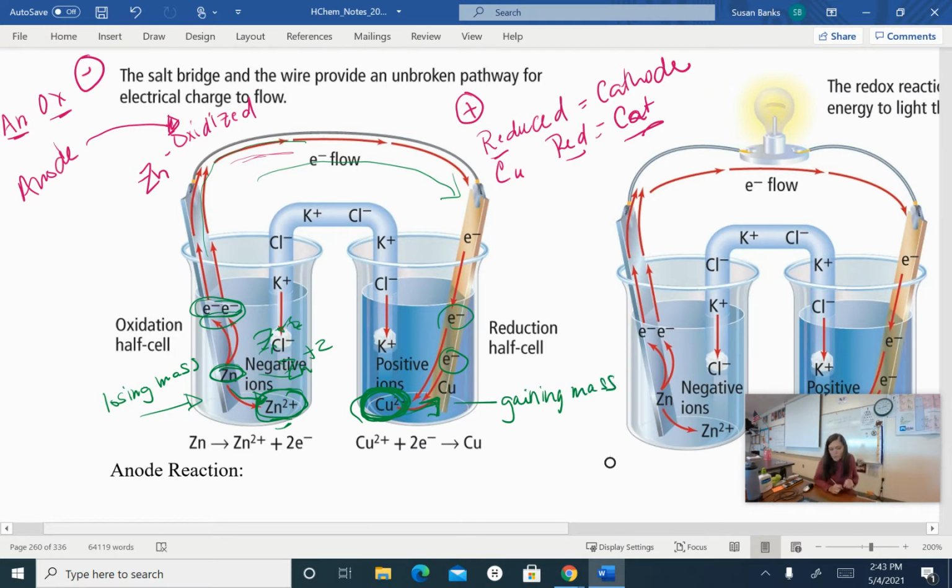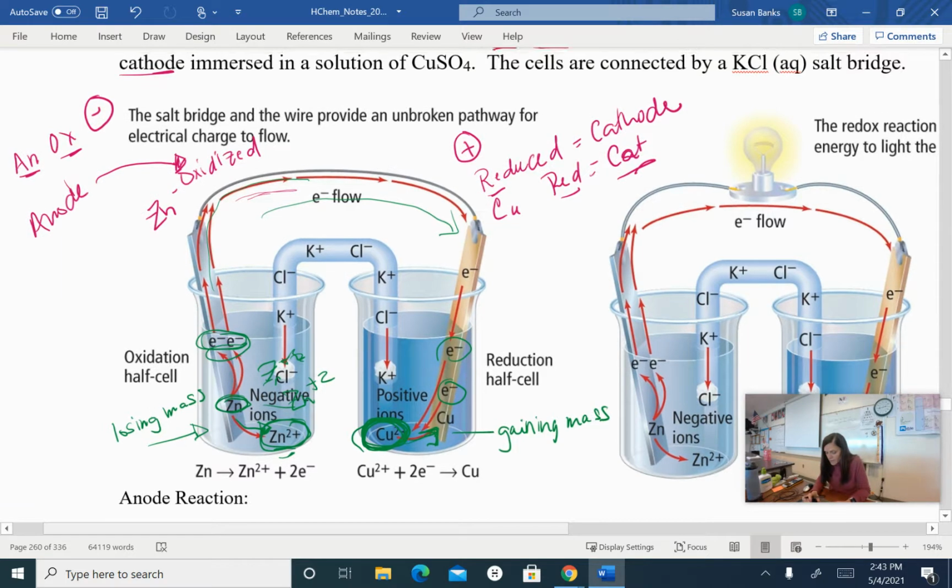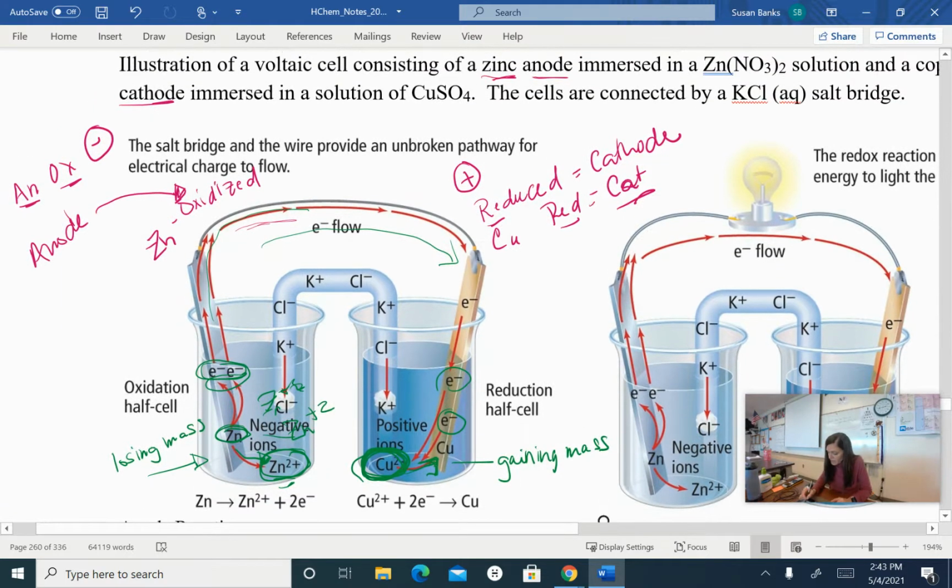Okay? So that means that the negative ions in this solution that we balanced it out with, copper sulfate, we're going to have a lot more copper sulfate in that solution than copper plus 2 ions, because the copper plus 2 ions are going to solidify onto that bar.